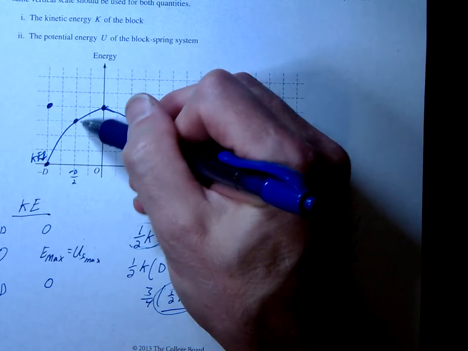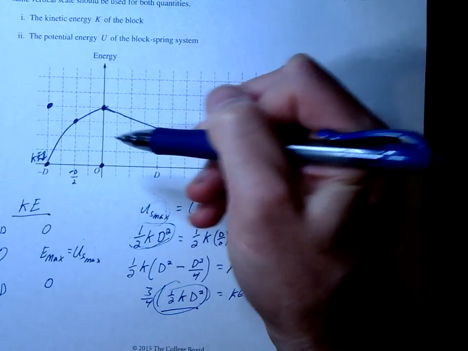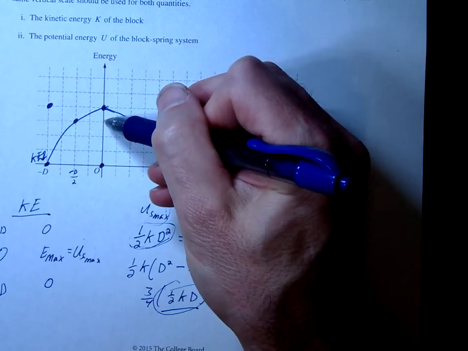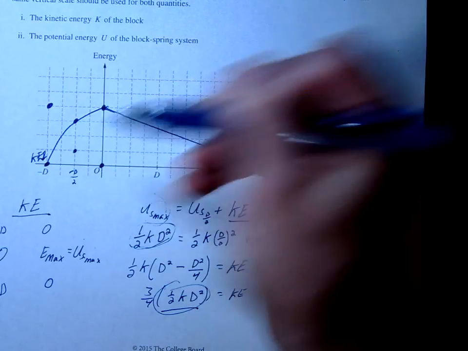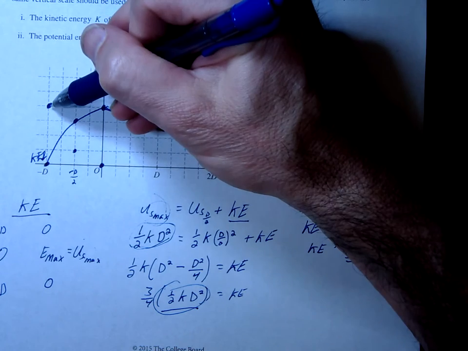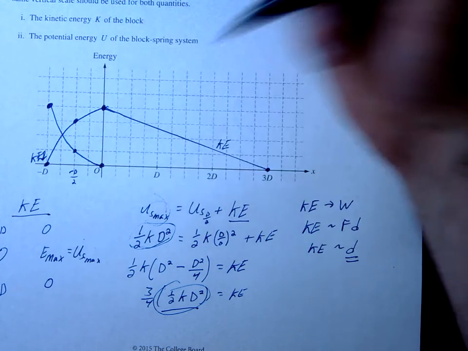We also know that they should add up to the total. So this would be 0 down here. This was 3/4 times the max, so this should now be 1/4 times the max. And the way we're going to connect this, it's going to look something like that.